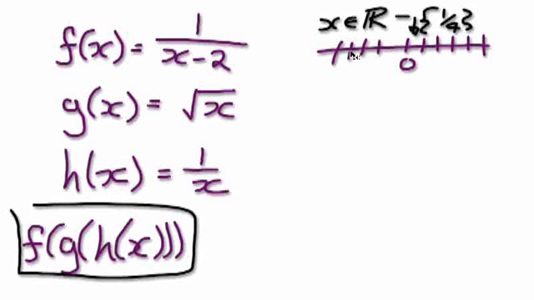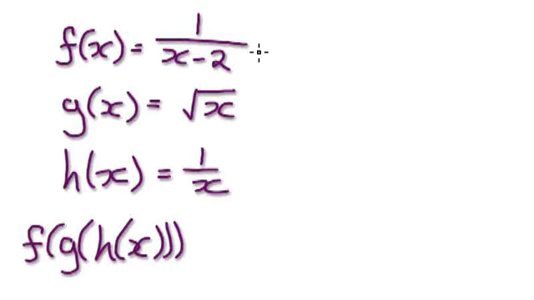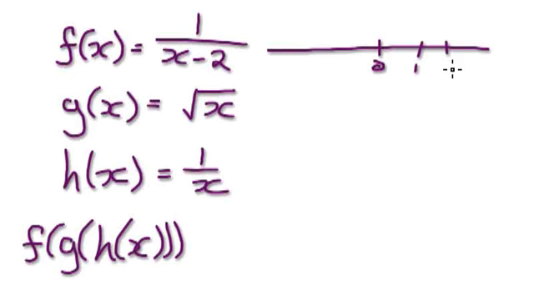So let me try and draw this. So you've got your number line here, 0, 1, 2, and so on, and -1 and negative. The domain here could be anything except for the quarter.